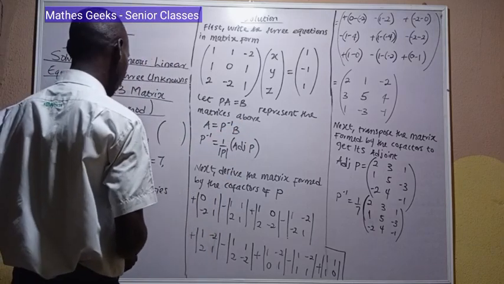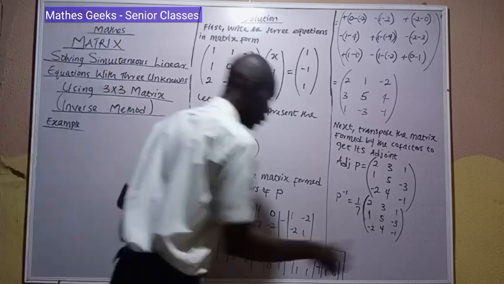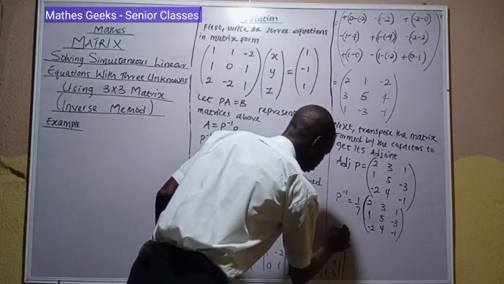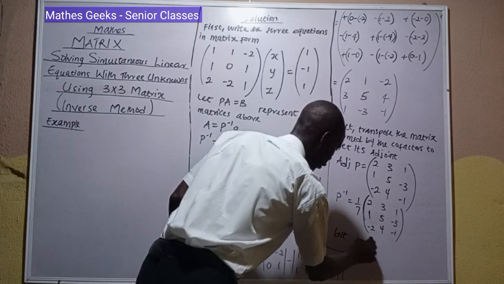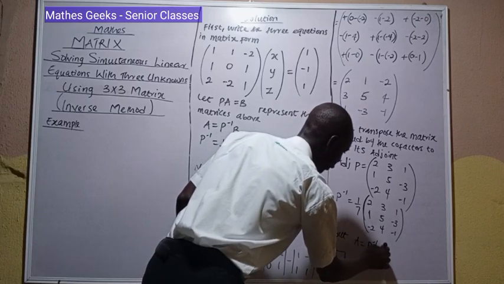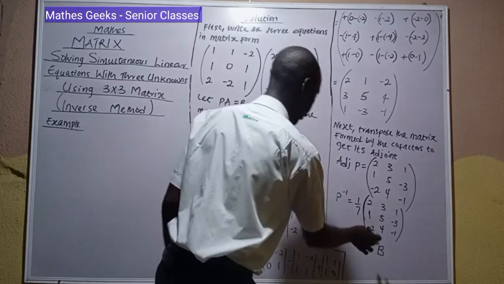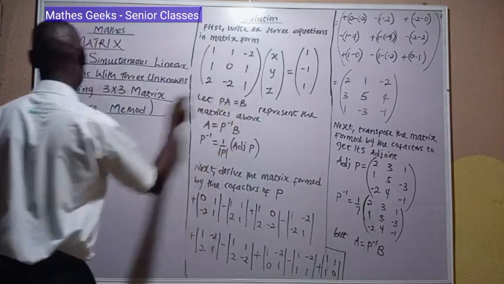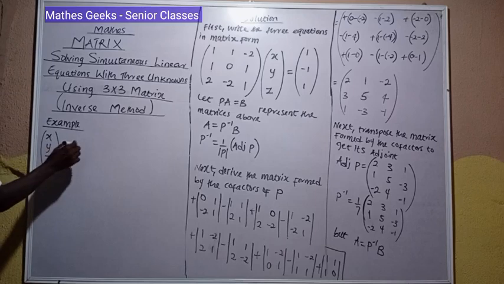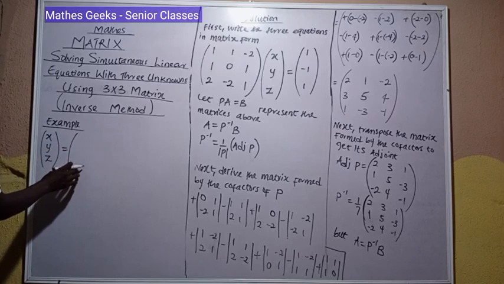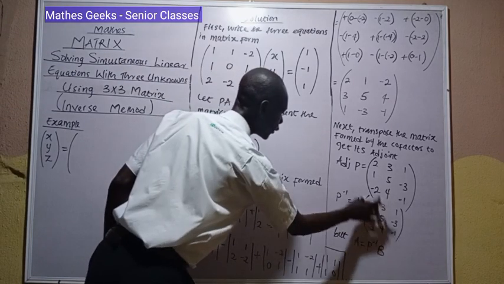So I'm going to write it out. A is equal to P inverse multiplied by B. So that implies that A, which is X, Y, Z, is equal to P inverse, which is the whole of this.